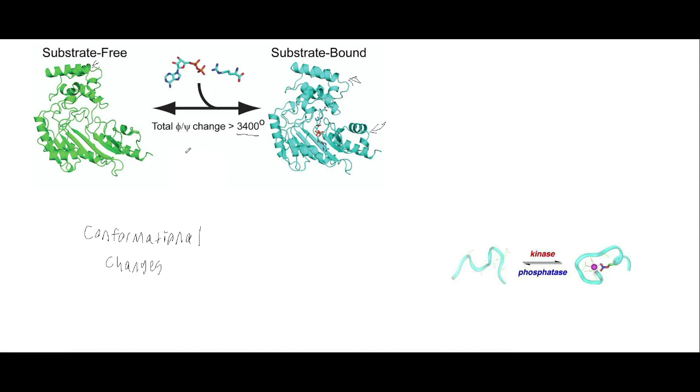So even if we have just small, like 1 degree and half degree, changes in any single amino acid between these two proteins, if we add up all these small changes between all of the amino acids in our protein, then we come out to larger than 3,400 degrees. And so binding to substrates or ligands, as they can be called, can change the conformation of the protein.